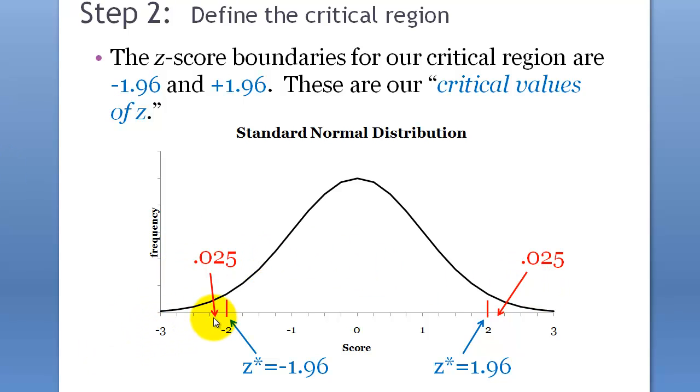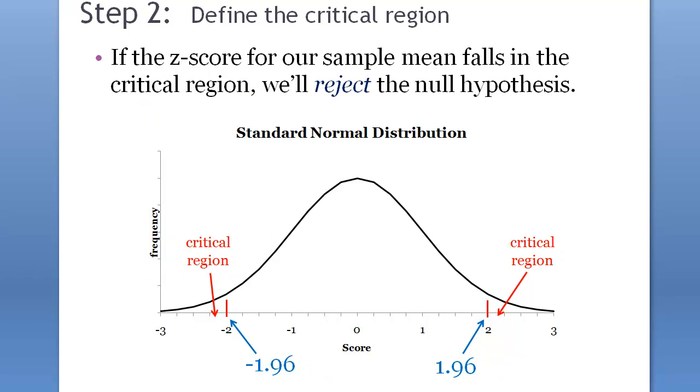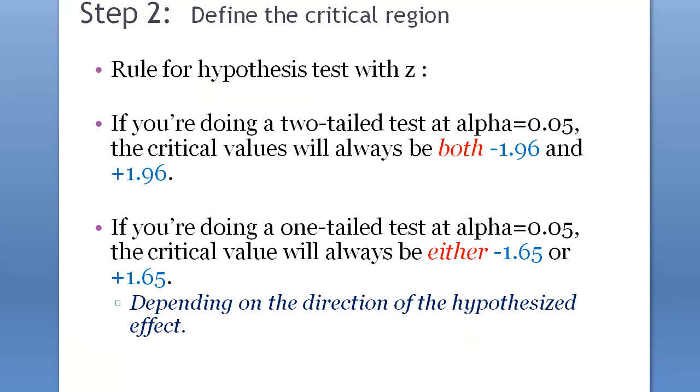The z-score for the alpha value of 0.025 is going to be exactly 1.96, and on the negative side, minus 1.96. These are going to be the critical regions, and the rest is pretty much the same.